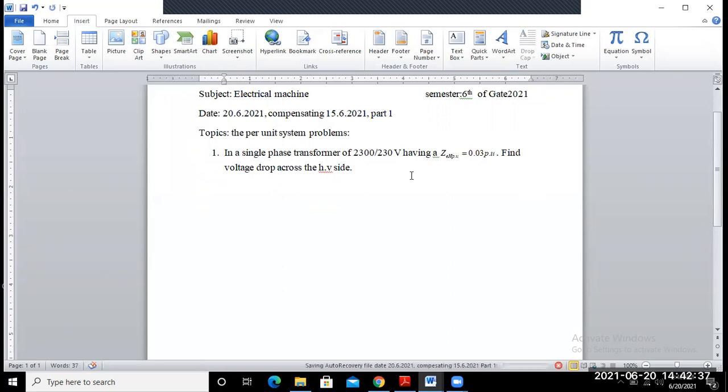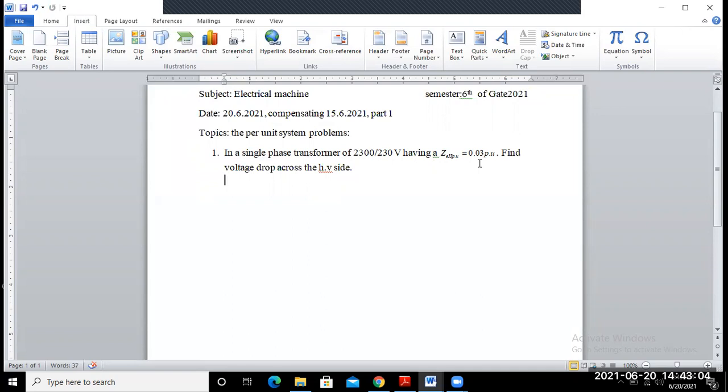Your voltage rating is given as 2300 volt divided by 230 volt on the LV side, and the equivalent impedance of the HV side in per unit is 0.03 per unit. So find the impedance voltage drop on the HV side.